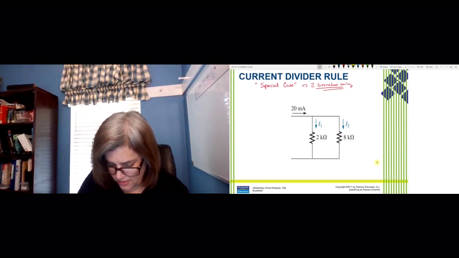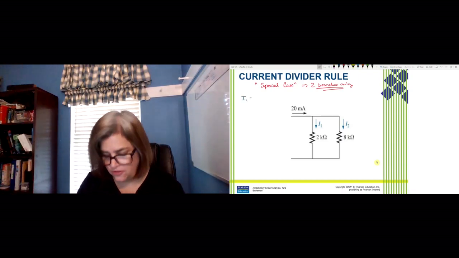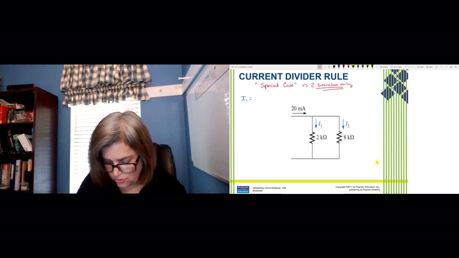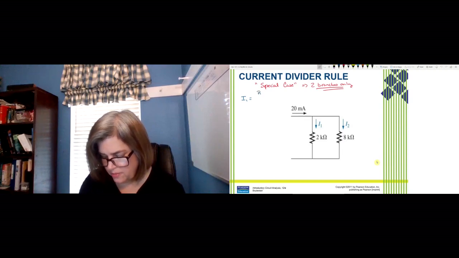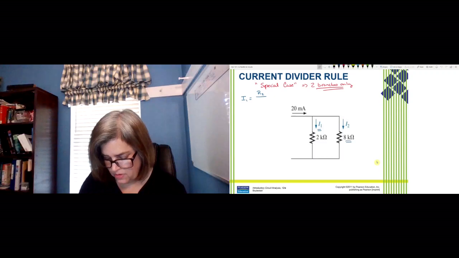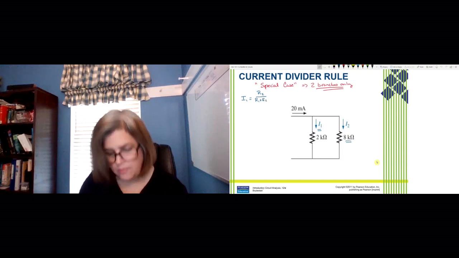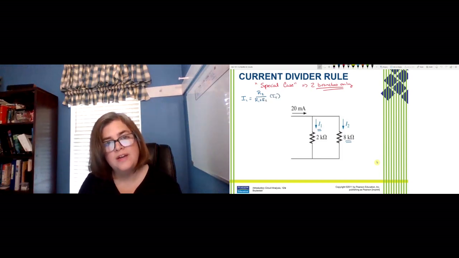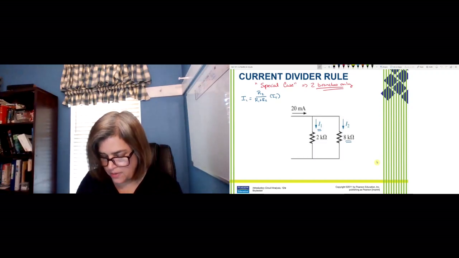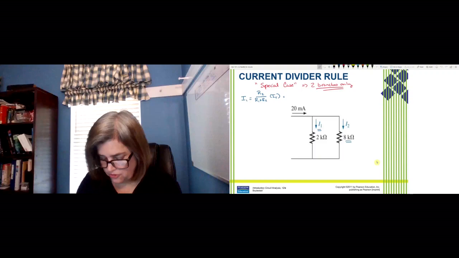Okay, so in this case, if we want to find I1, what we're going to do is take R2 on the top of this fraction and divide by R1 plus R2, and then multiply by the total current coming in. Again, just a special case for 2 branches only, but it's a little bit quicker in that you don't have to find RT first.